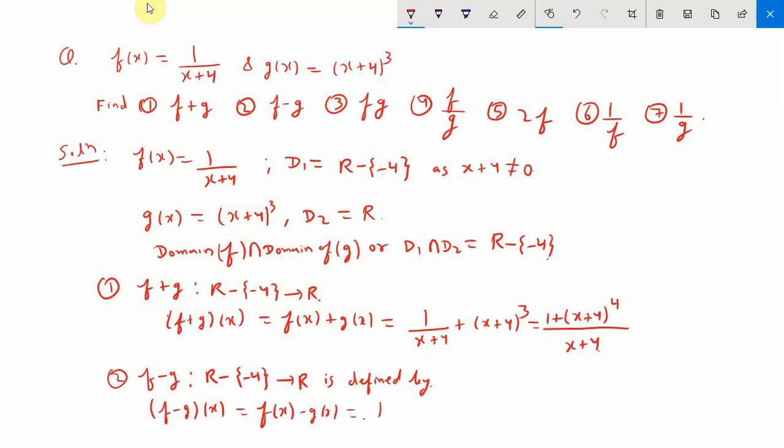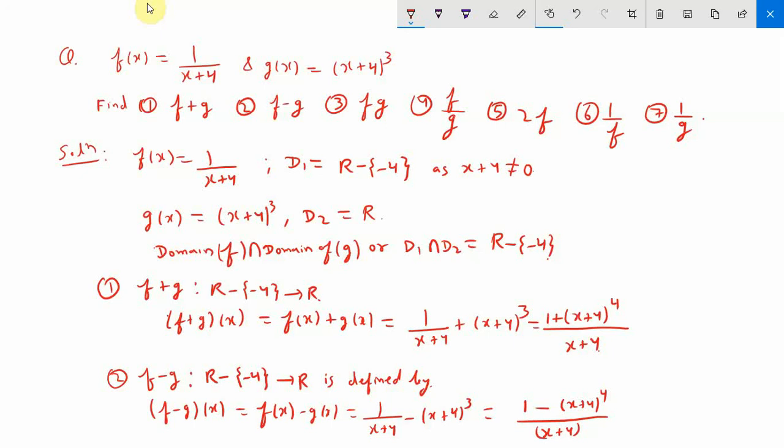So it will be 1 by (x plus 4) minus (x plus 4) to the power 3. Okay, so this will be 1 minus (x plus 4) to the power 4 divided by (x plus 4). Okay friends, so this is f minus g.